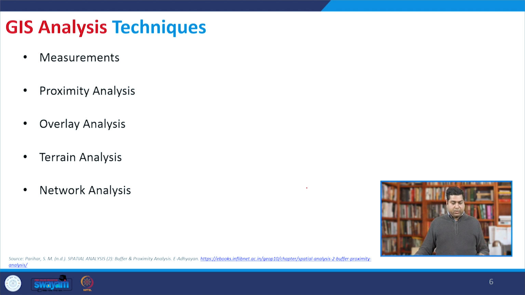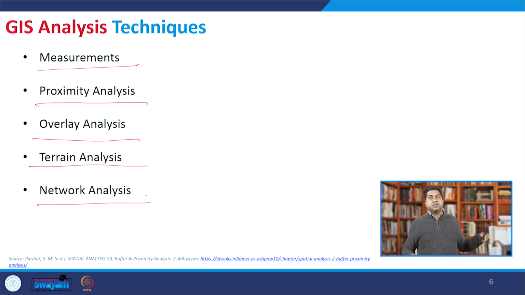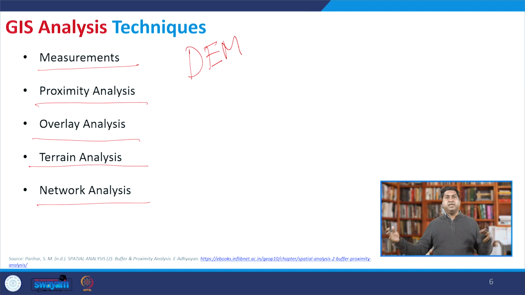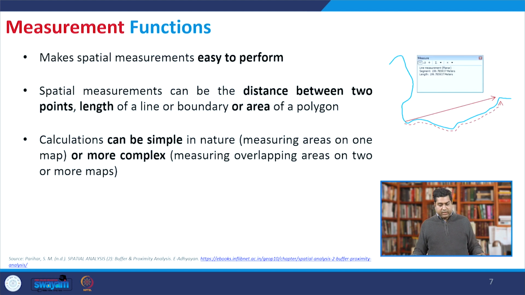If I talk about the analysis techniques, you can do some measurement, you can perform proximity analysis, overlay analysis, terrain analysis, network analysis, and this list is very long, because depending on your purpose, you can even do watershed analysis, digital elevation modeling, and there are many such tools by which you can do complex spatial analysis as well. So let us go one by one.